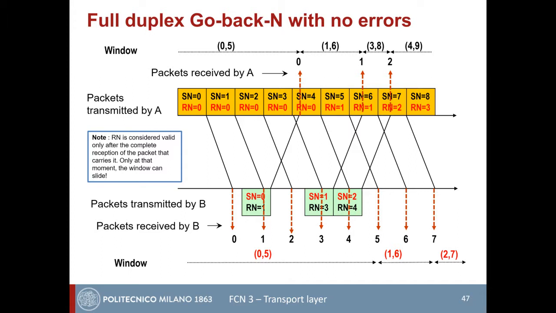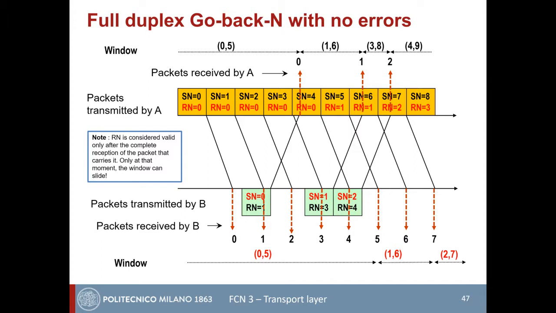While A is sending all the packets from 0 to 4 and all are received correctly, the first packet of B is traveling towards A, and it gets to A when A is sending the packet number 4.